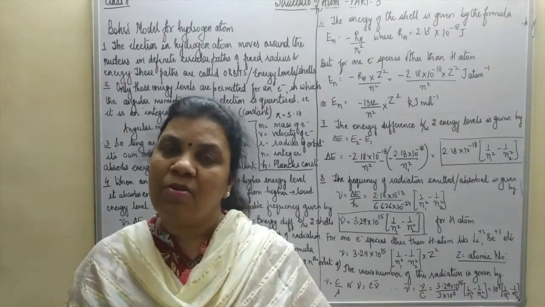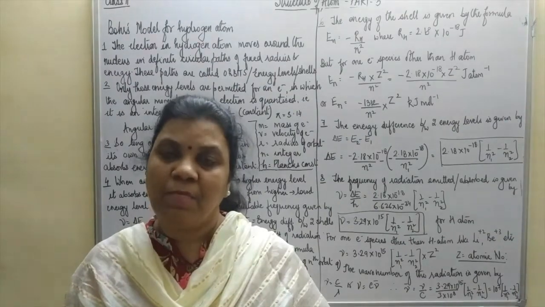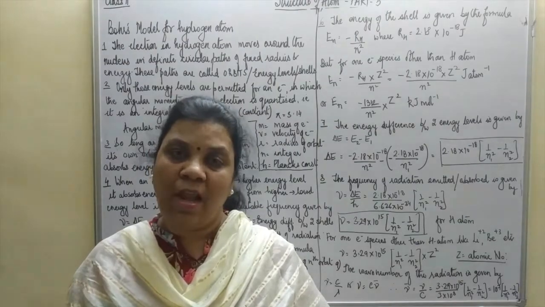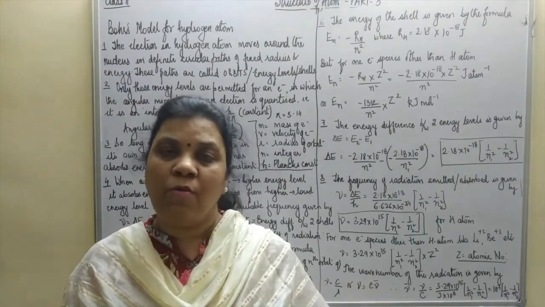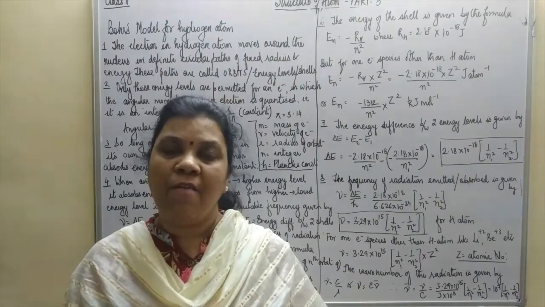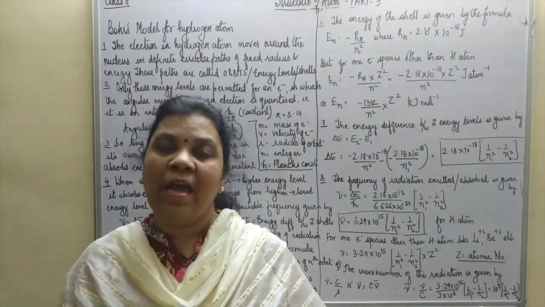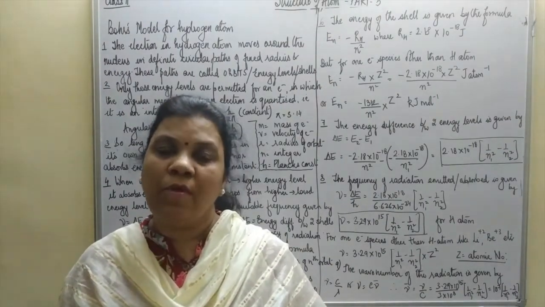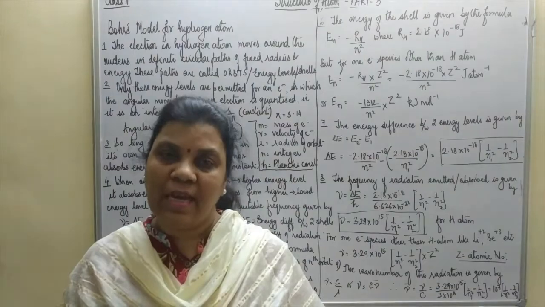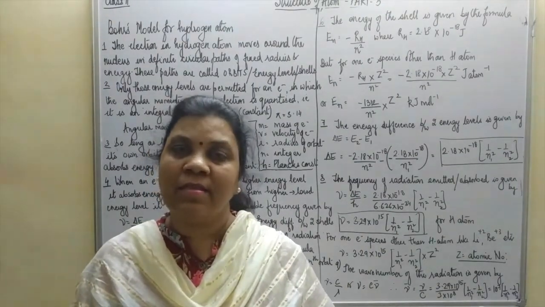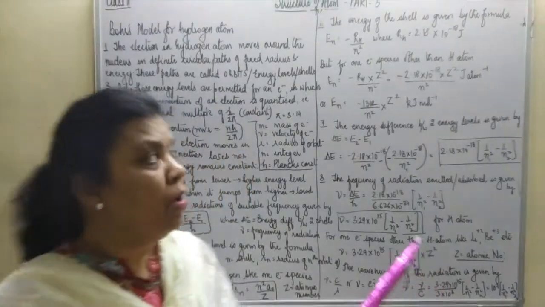Why are they called energy levels or stationary states? Because every orbit or shell has a definite amount of energy. That means the energy of every shell is fixed, and hence we call these shells energy levels, or stationary states because their energy is constant. This is postulate number 1.